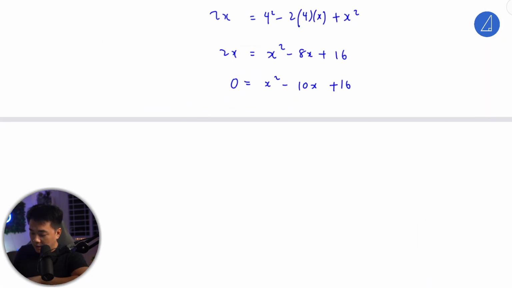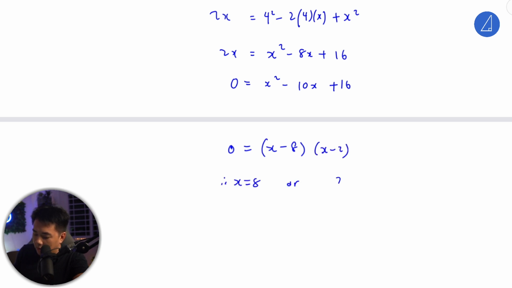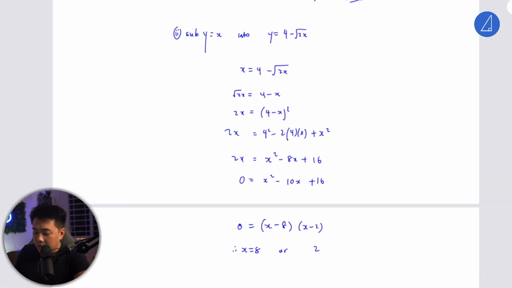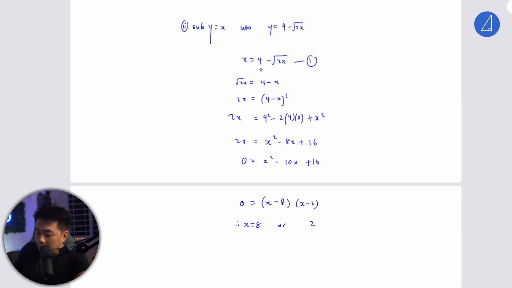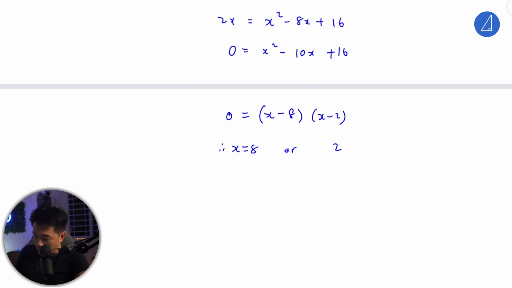From here, 0 equals x minus 8 times x minus 2. So hence x equals 8 or x equals 2. The next thing is we need to substitute it in, to check whether left hand side equals right hand side, right? Not an issue.